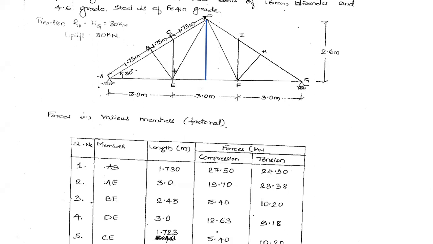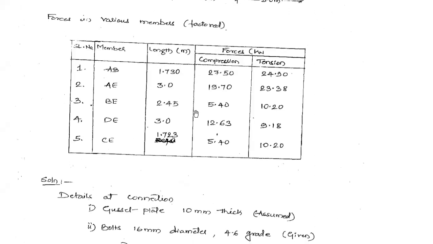So like this, you need to determine the lengths which are not given to you or which are missing. Whenever required, the length calculation will be something like this. On that basis, here you'll find the length of all the members which have been determined or given to us.